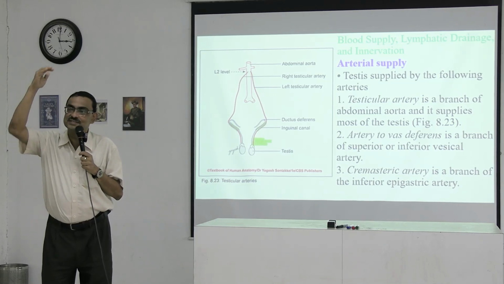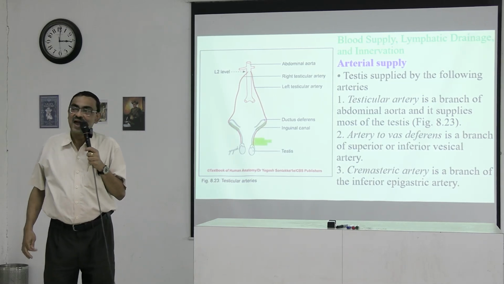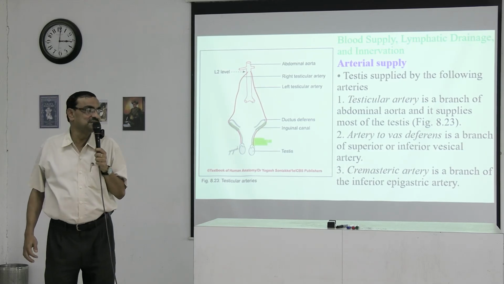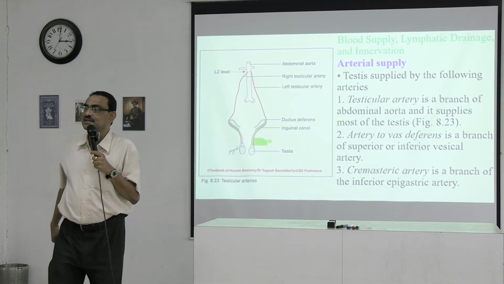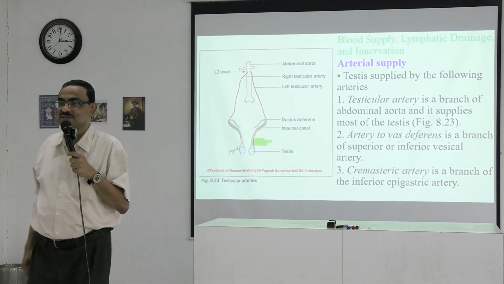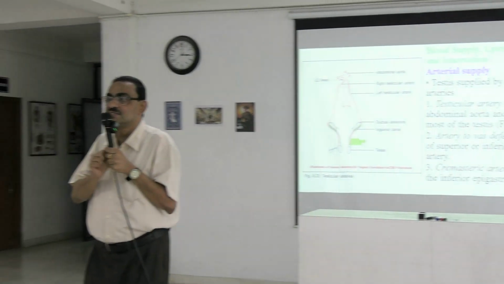The anastomosis is proximal. The anastomosis between the artery to the vas and the testicular artery is proximally placed. So if it is tied within the scrotal sac or towards near to the testis, there will be gangrene, development of gangrene.